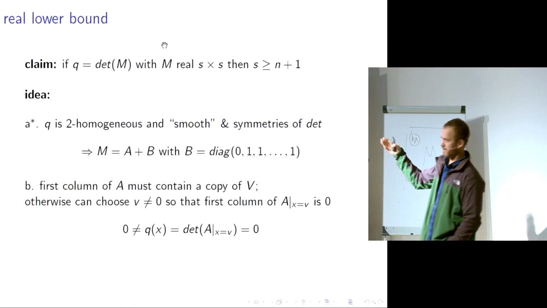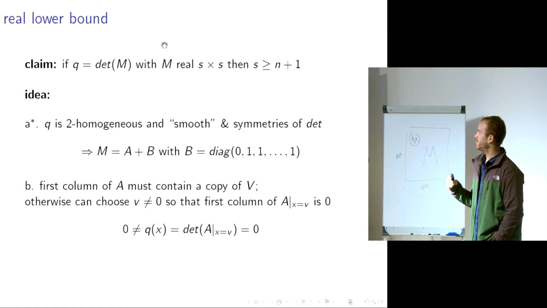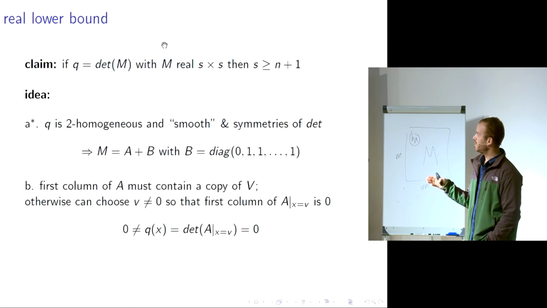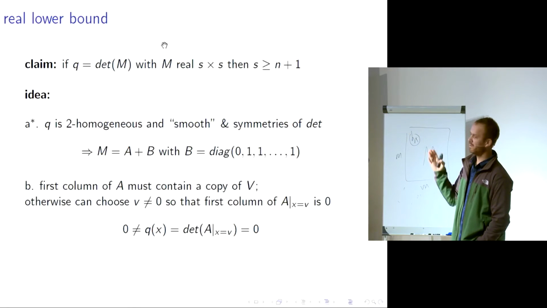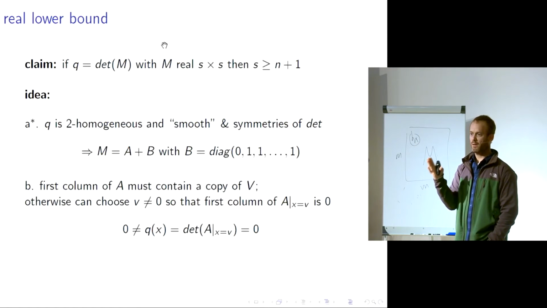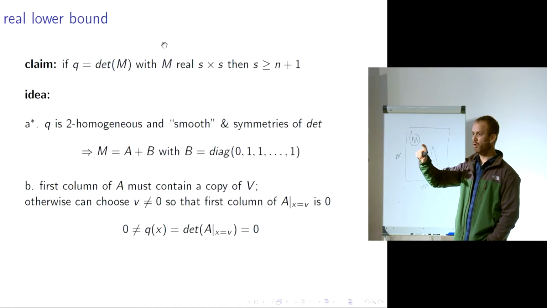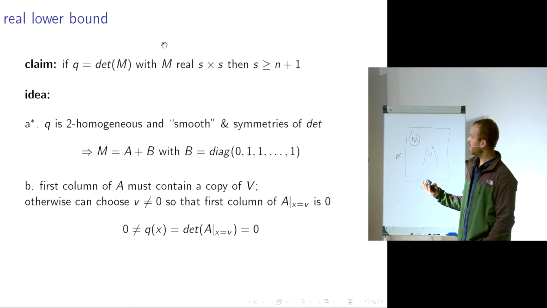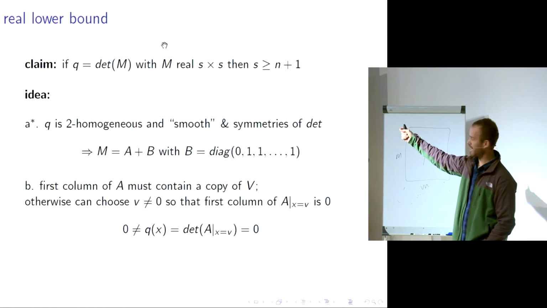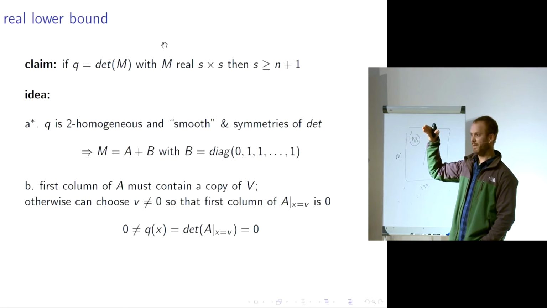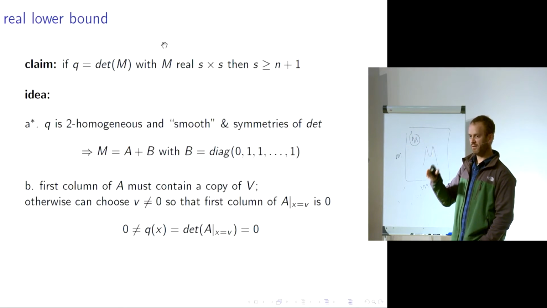If you look at the first column of this matrix M, then this first column must contain a copy of V, in the sense that there should be n linearly independent linear functions. Why? Because otherwise there is an assignment to the variables that makes these linear functions 0, but the vector is non-zero.